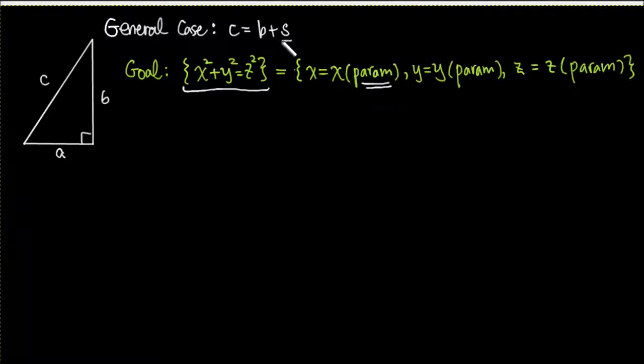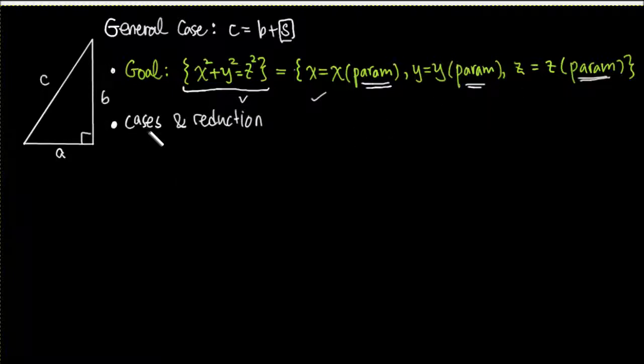One of the parameters is related to this variable s we're putting in, the relationship between b and c, described as s units apart. So this is a condition statement, and this is more of a generating method. So this is our goal.